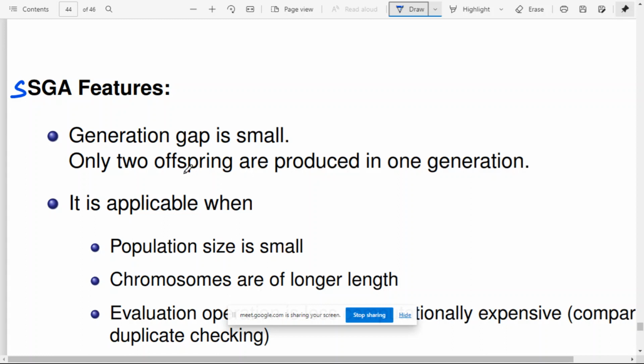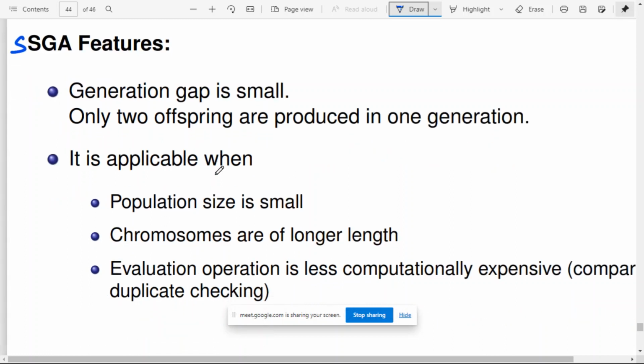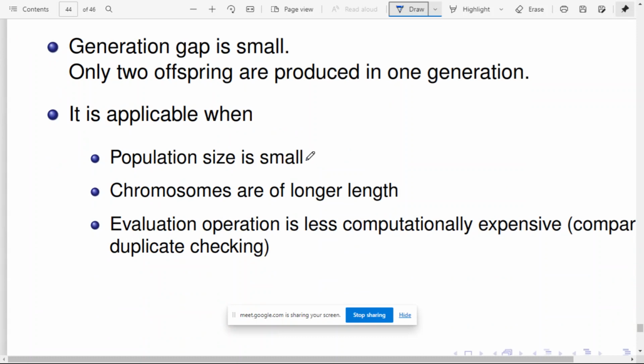Actually only one offspring is produced, right? Only one offspring is produced in each generation. It is applicable when the population size is small, or when the chromosomes are of longer length. The evaluation operation is less computationally expensive. So it is not as computationally expensive as SGA.